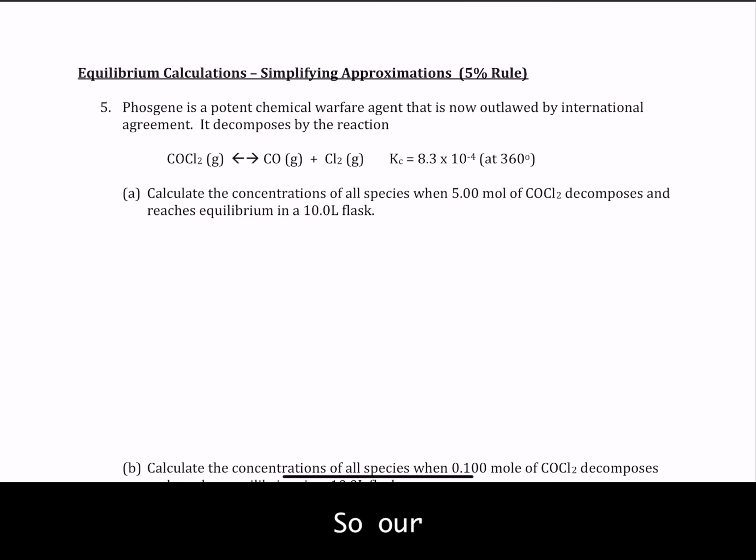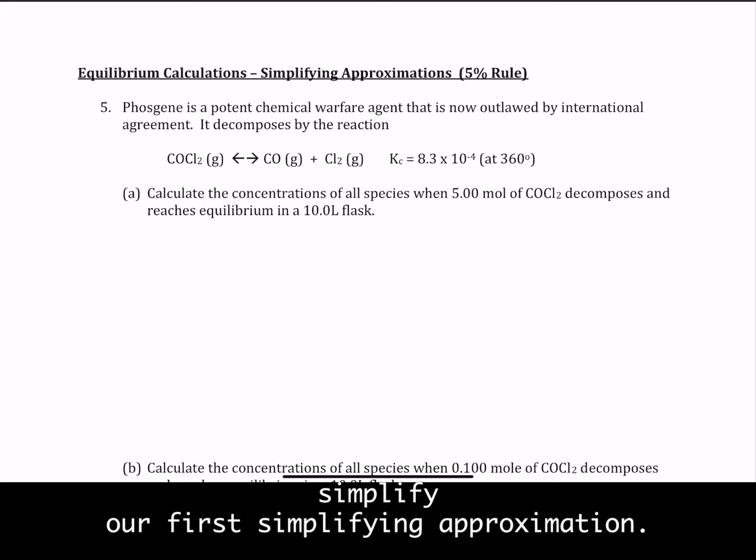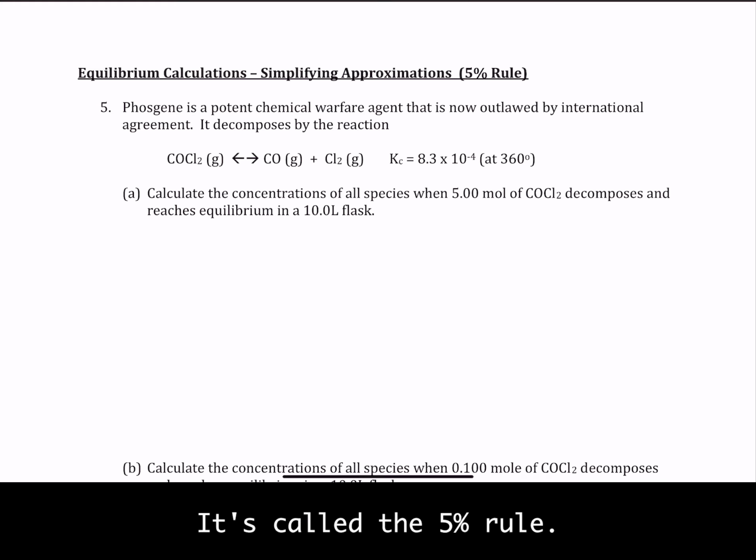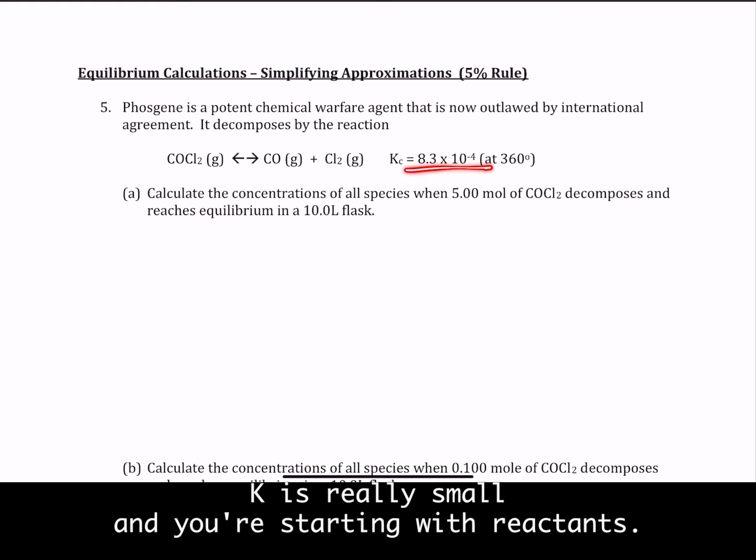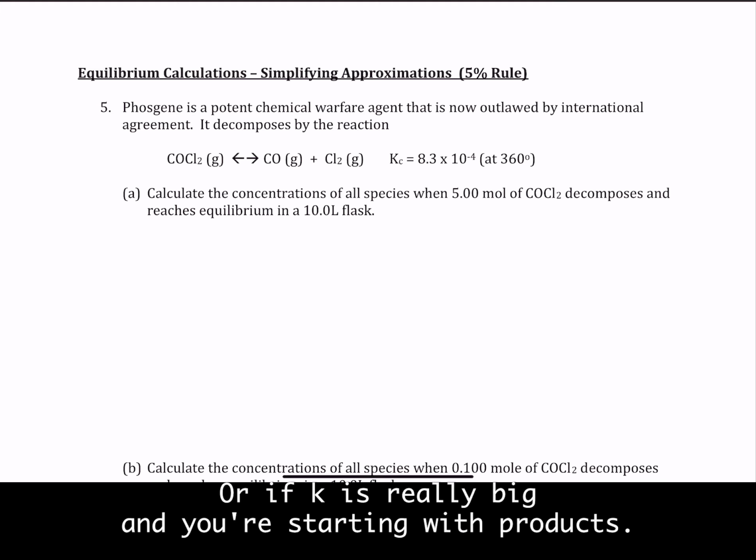So our first simplifying approximation is called the 5% rule. And you can use this when K is really small and you're starting with reactants, or if K is really big and you're starting with products.